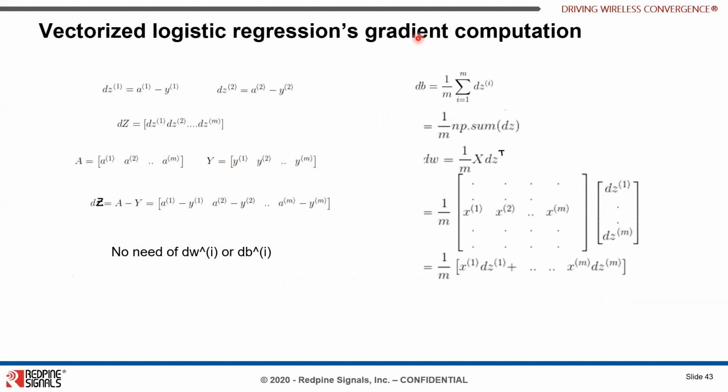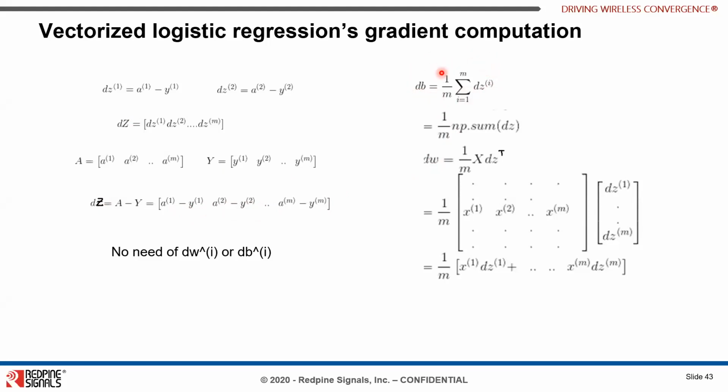Why dZ? Because I am showing the gradient computation of this vectorized logistic regression. So dZ is A minus Y, where capital A and capital Y represent the individual activation and ground truth values, a1 y1, a2 y2.